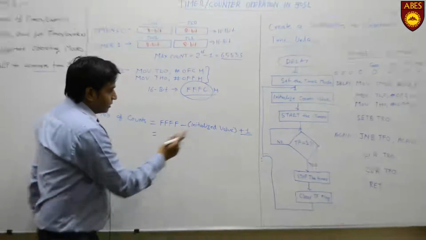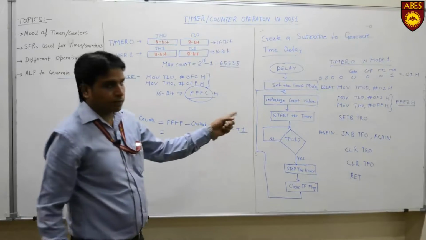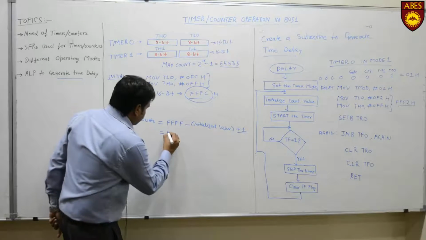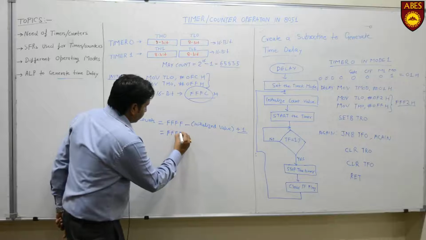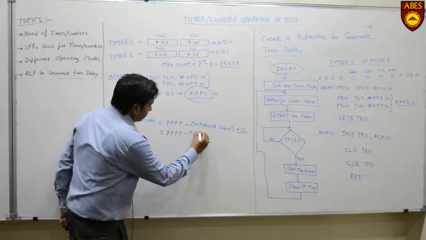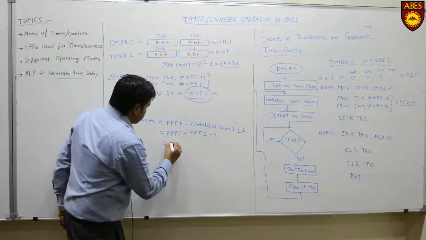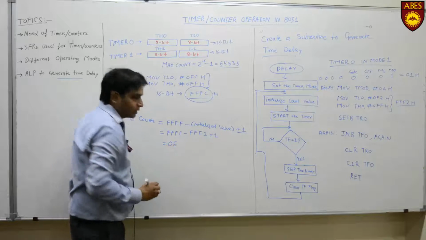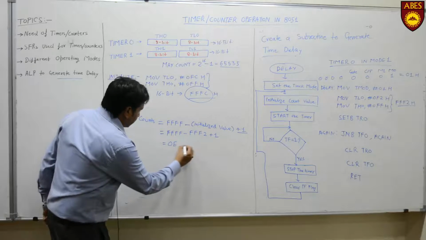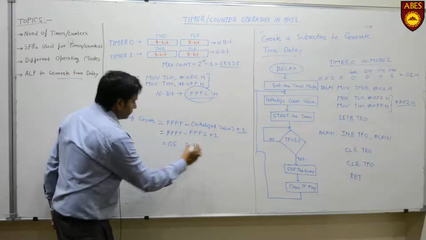In this particular example, the value we have loaded is FFF2. So the number of counts will become FFFF minus FFF2 plus 1. This will come as 0E in hexadecimal, or the equivalent decimal number 14.